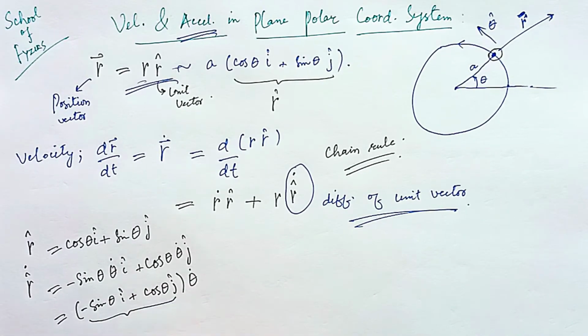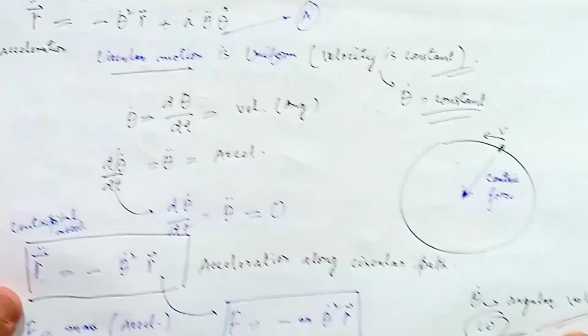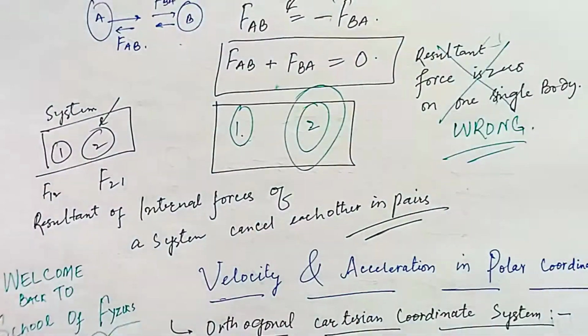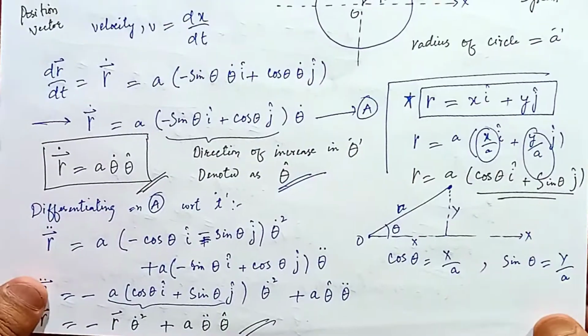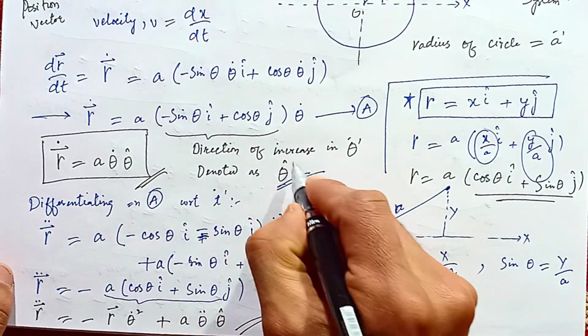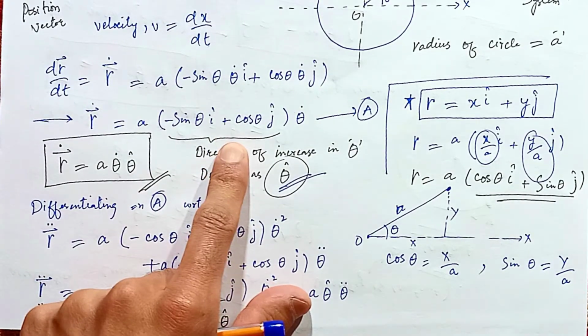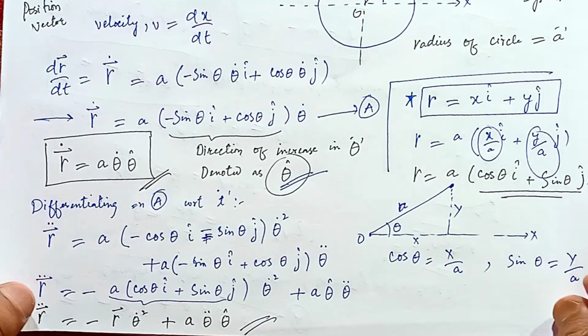This very thing I have already told you in the previous lecture, if you remember that. This is represented here from this very equation. This is theta hat, the unit vector theta.